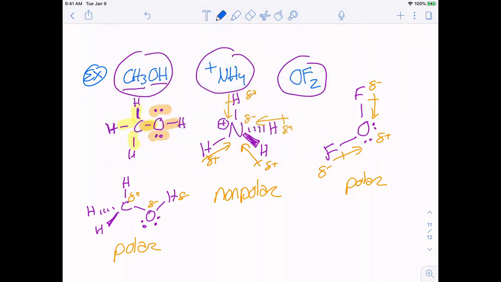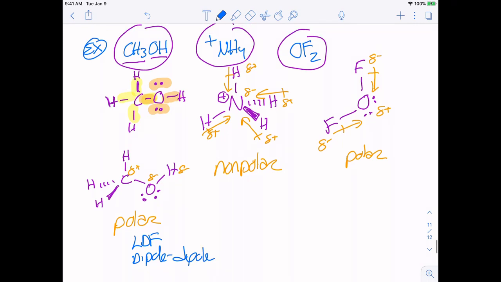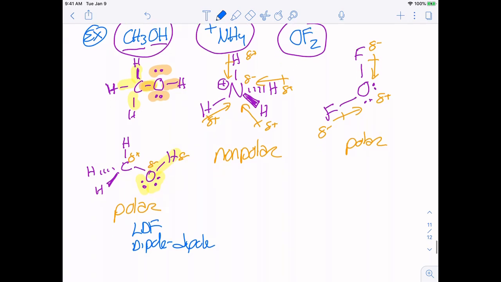So the types of intermolecular forces it has: London dispersion forces, since it has electrons, and dipole-dipole because it's polar. And then the question is, does it have hydrogen bonds? It does, right? I have an oxygen-hydrogen bond right here, and then I have a lone pair on that oxygen, so I also have hydrogen bonds.